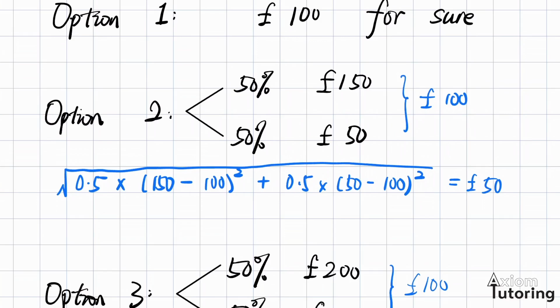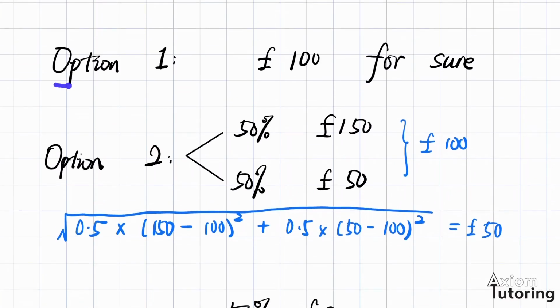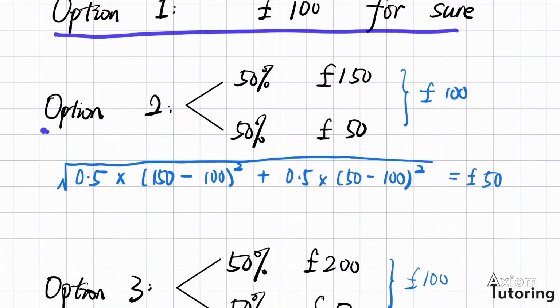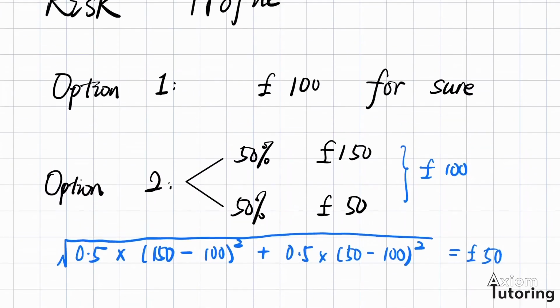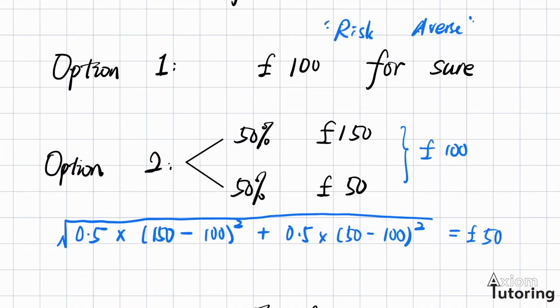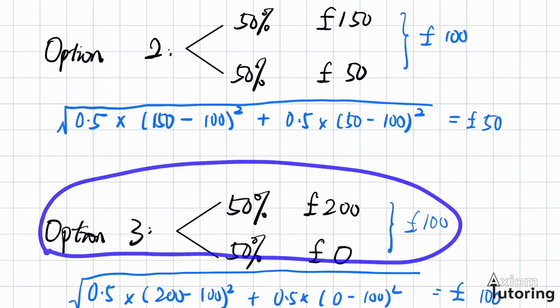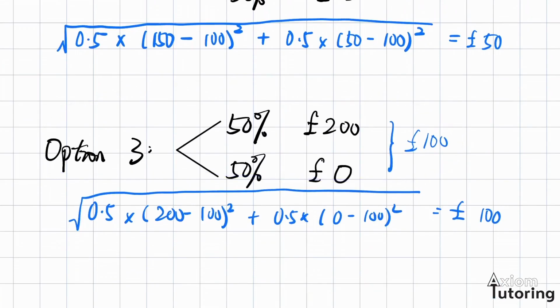Depending on different individuals' preferences, or sometimes utility for these options, accounting for the risks involved, they might choose differently. If someone prefers the safe option over any other options with gambling or uncertainty, we can say they're risk averse. If someone prefers option 3 out of the 3 options, we sometimes call them risk-seeking individuals.